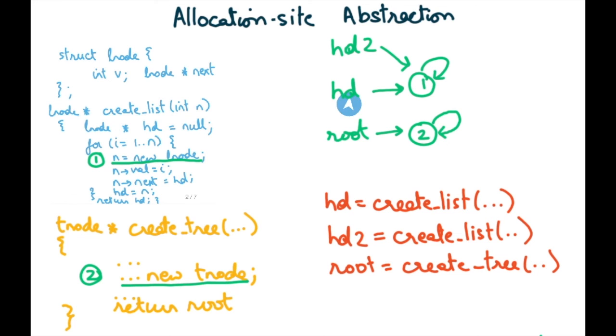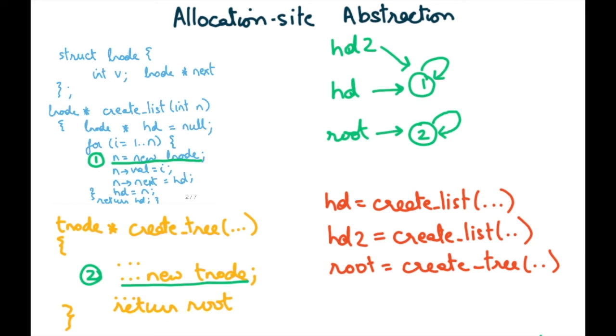And so it seems like head may point to 1 and 1 may point to itself, but also head2 may point to 1 and 1 may point to itself, whereas root may still point to only objects allocated at allocation site 2. Now this allocation site based points-to graph is still better than the recency based points-to graph, but it has imprecisions. For example, it seems to imply that star head may alias with star head2, whereas we can see from the code that that's not true.